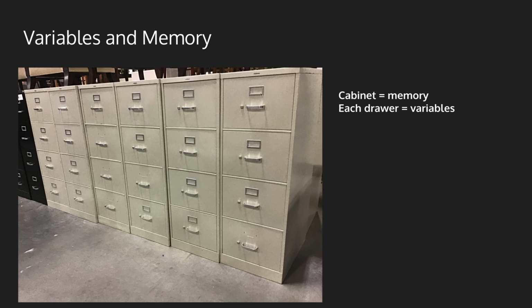For example, this label could be pencil, so you know that inside this drawer is going to be stored a pencil. So the label of the drawer is the variable name, and the content inside the drawer is the value of the variable. And this entire big cabinet, where these drawers are stored together, is the memory.